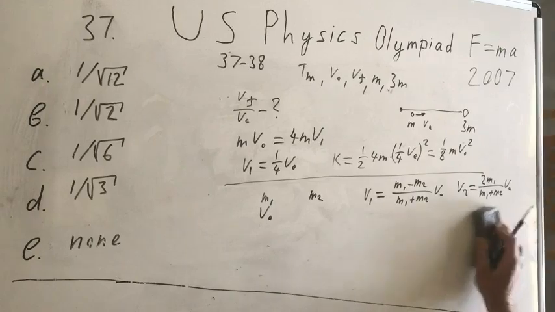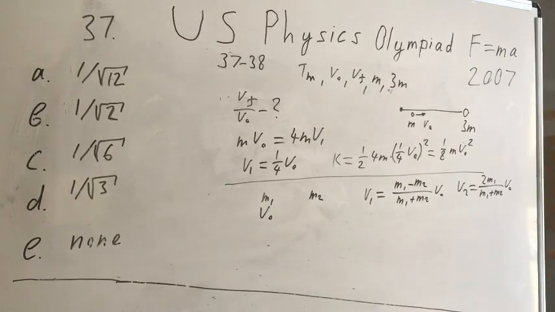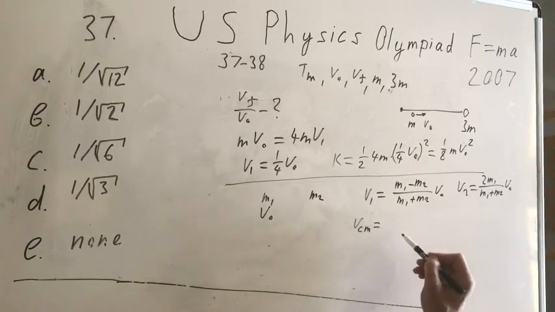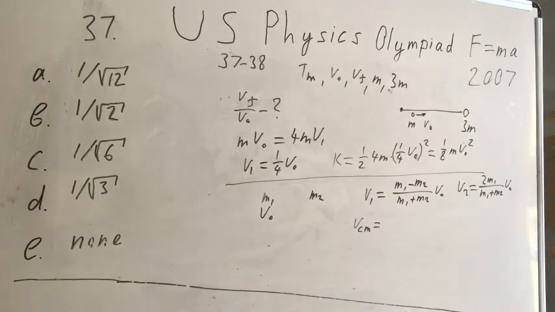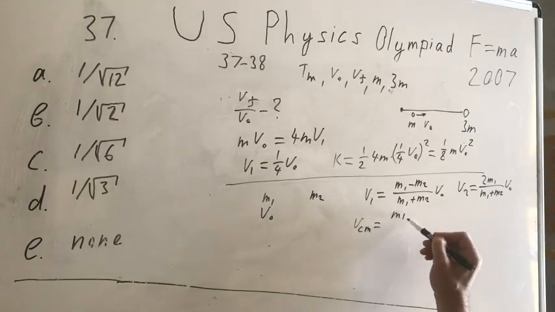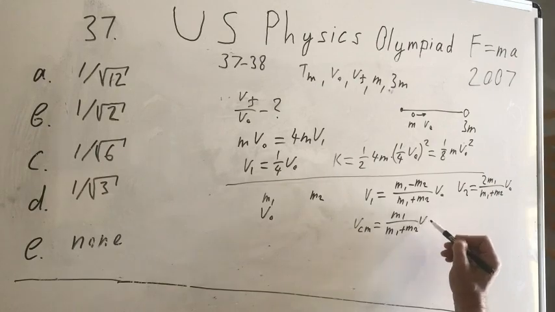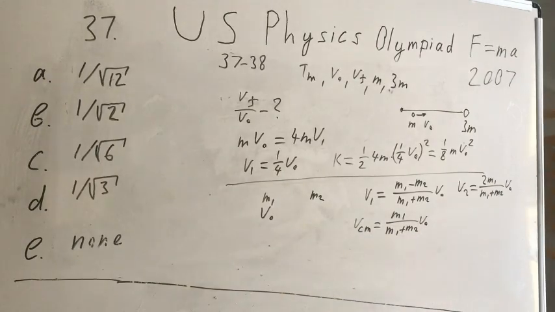Let's see. The velocity of this frame of reference, v center of mass, using momentum conservation, will be m1 over m1 plus m2 v0. In this system, the second mass is moving to the left with this same velocity, but after collision it will change direction and go to the right with the same velocity.